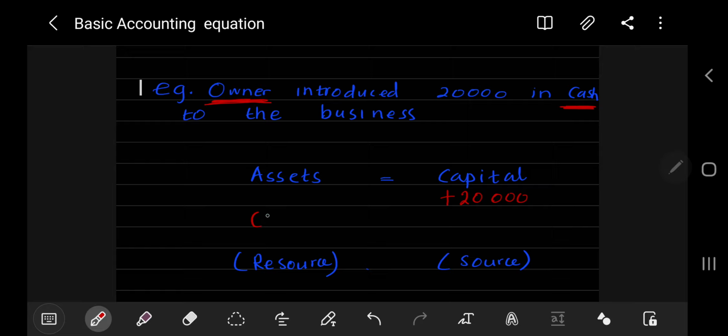That resource is cash, and therefore the cash, or the resource of the business, will increase by 20,000. If you have done it correctly, the left side of the equation should equal the right side of the equation: plus 20,000 here, plus 20,000 there. So at the end of the day, there is no change to the equation. This shows how to enter the transactions into the accounting equation.